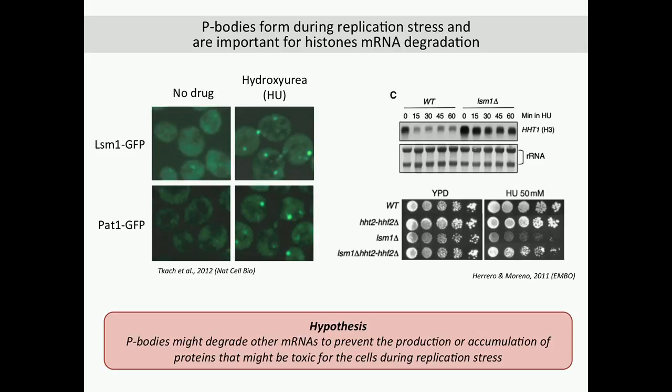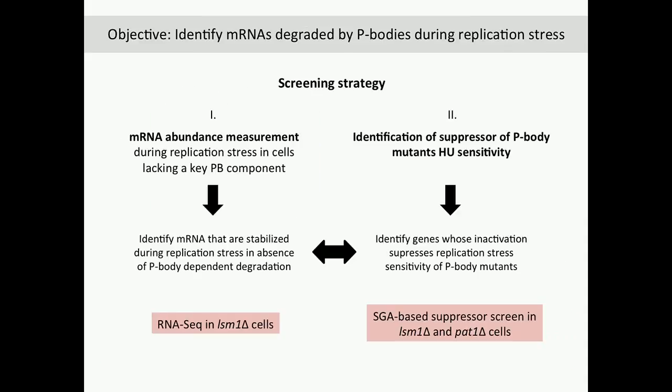And so we decided to perform a screen to identify these mRNAs, and we can use the same kind of approaches as the Moreno lab, which I'm showing you in the next slide, please. So we used two different screens.